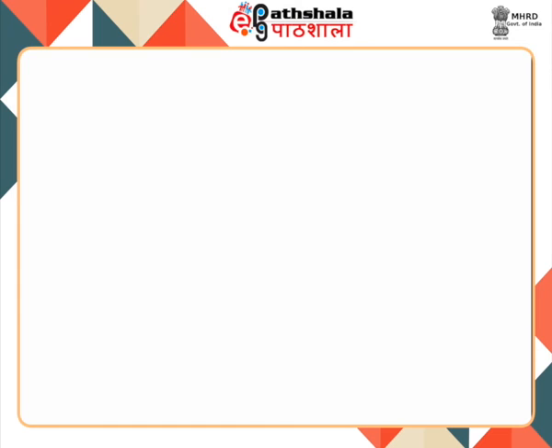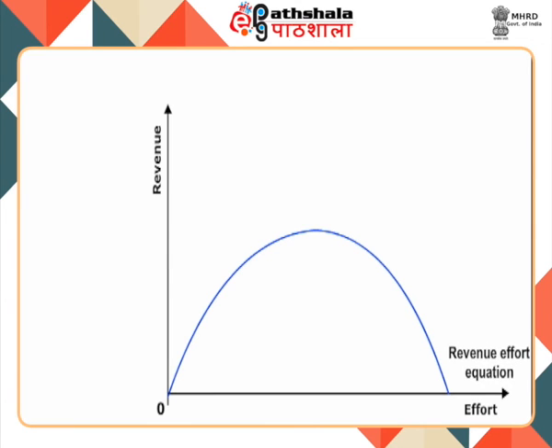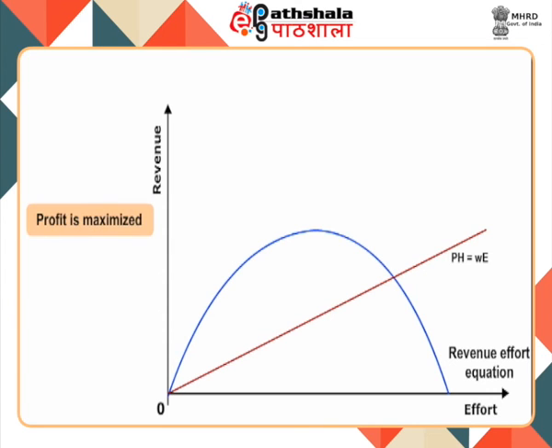Let us now graphically show the effort level at which the owner will try to maximize his profit. The x-axis measures effort and y measures revenue. We multiply both functions by the market price of fish. So the inverted U-shape yield effort equation then becomes a revenue effort equation. And the ray emerging from the origin becomes pH is equal to WE, with the right hand side thereby denoting fishing costs.